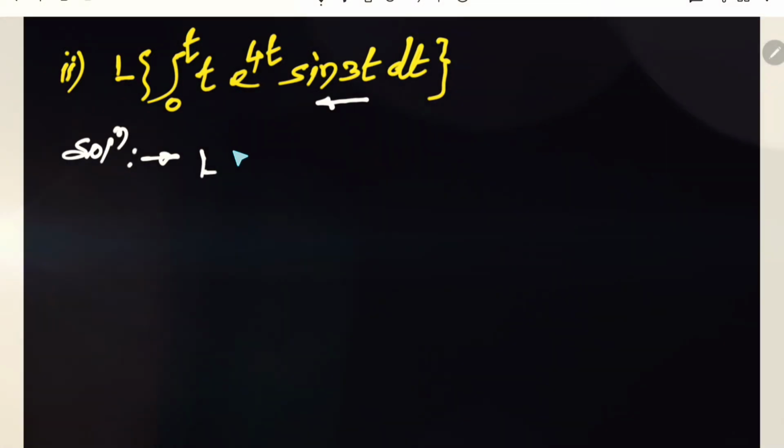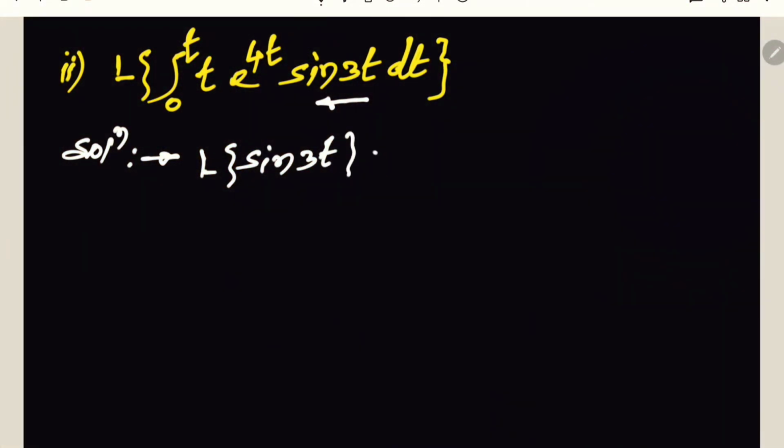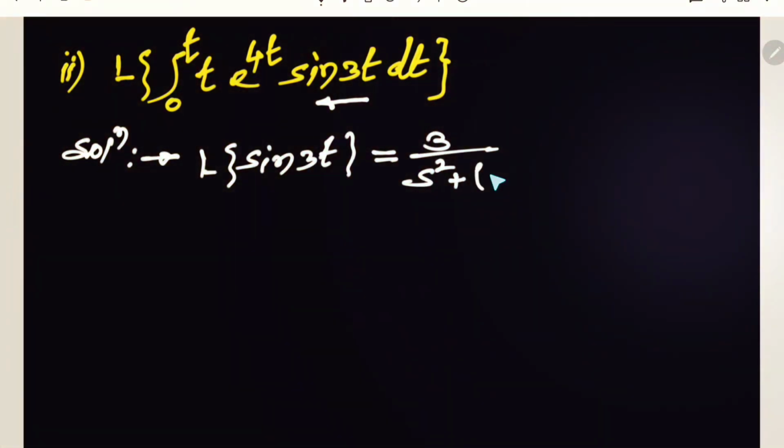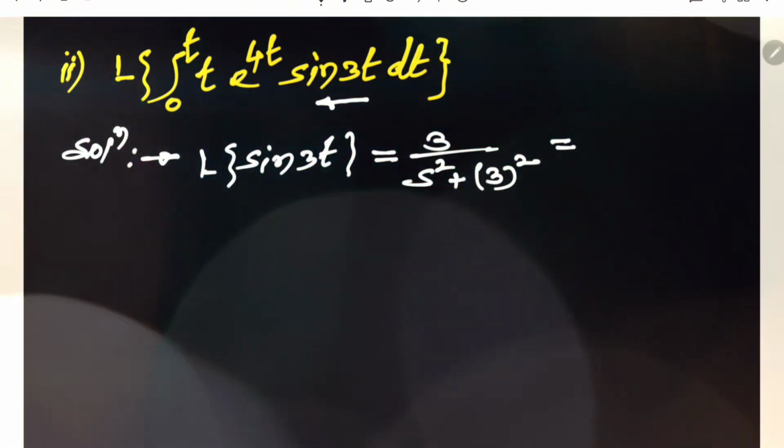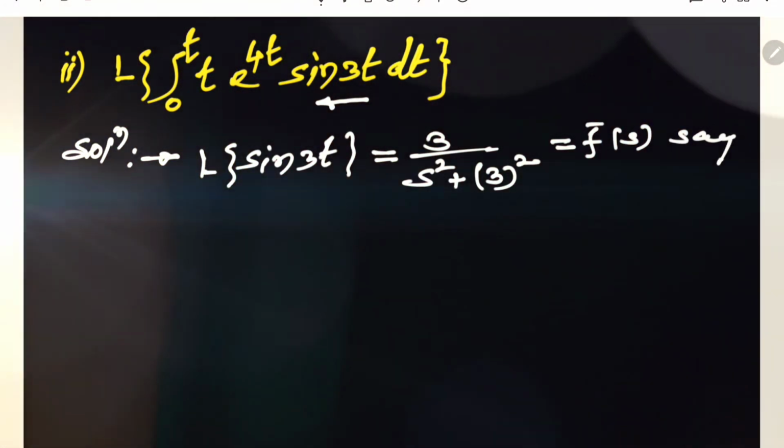First we find Laplace of sine, then multiplication by t, then first shifting theorem, and then Laplace of integral in this sequence. We know that Laplace transform of sine of 3t is 3 upon s square plus 3 square. It is f bar of s, first step.